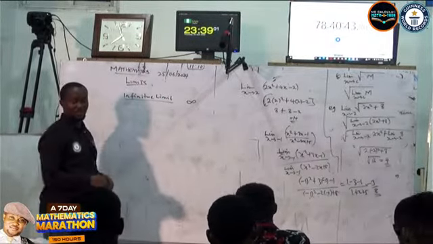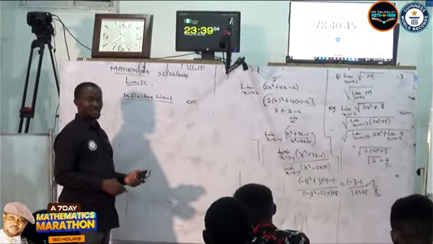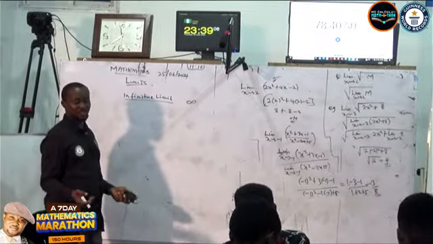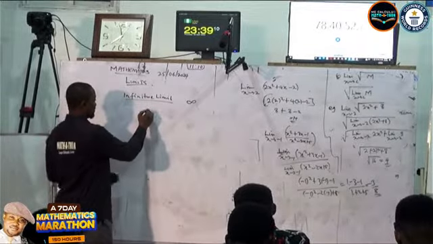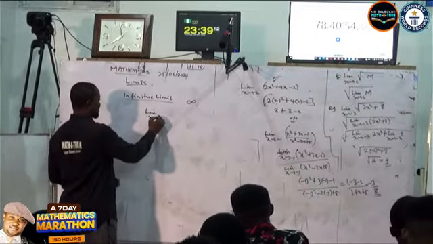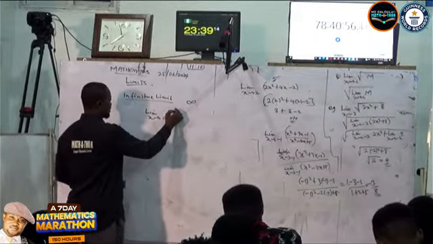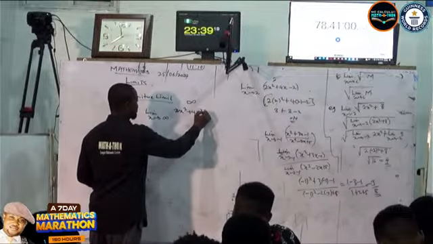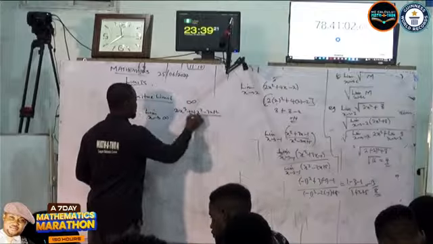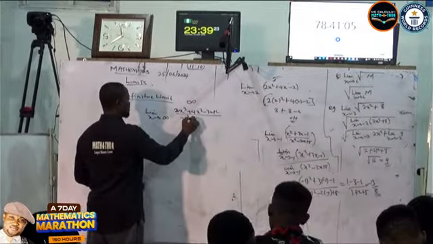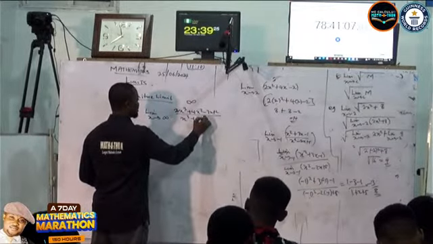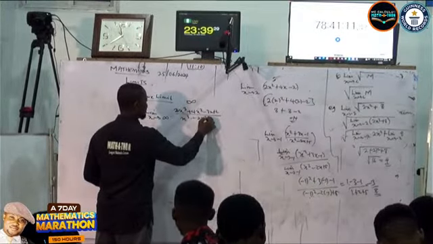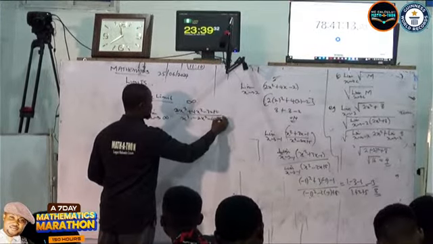So an infinite limit is for you to divide the numerator and denominator by the highest power of x. Say I have lim as x tends to infinity of 2x cubed plus 4x squared minus 3x plus 2 divided by x cubed plus 4x minus 2x squared minus 4x plus 9.